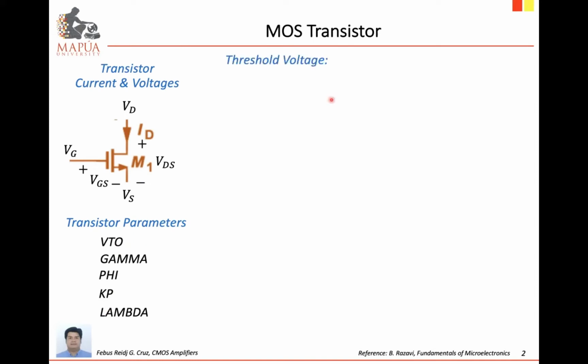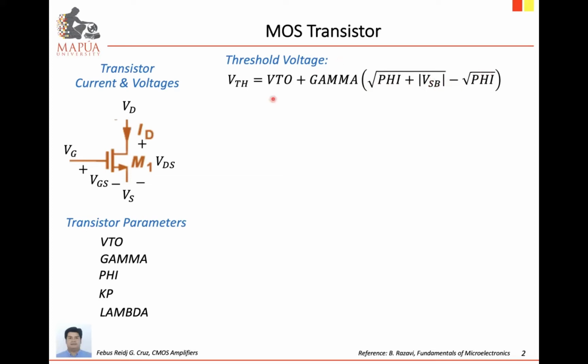Then for the threshold voltage, we can use this model or equation. Threshold voltage VTH equals VTO, the threshold voltage when VSB is equal to 0, plus gamma, the body effect parameter, multiplied by the quantity of square root of phi, the surface potential at strong inversion, plus the absolute value of the source to bulk voltage, minus the square root of phi.